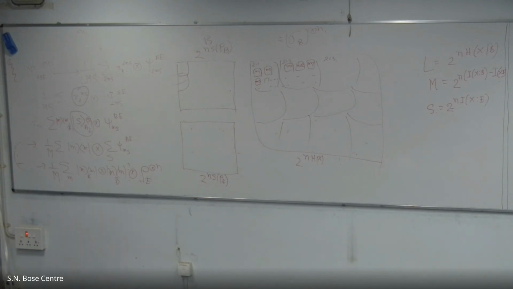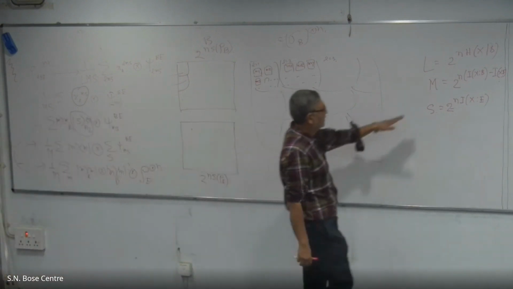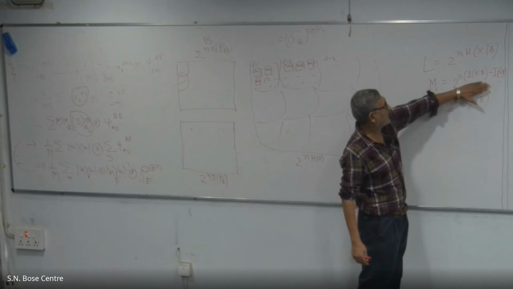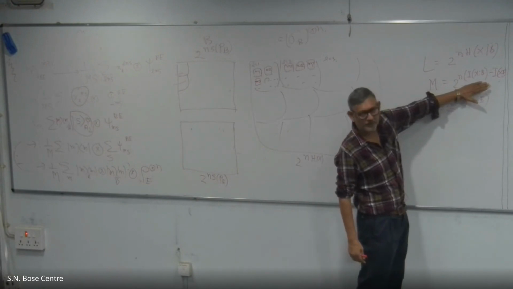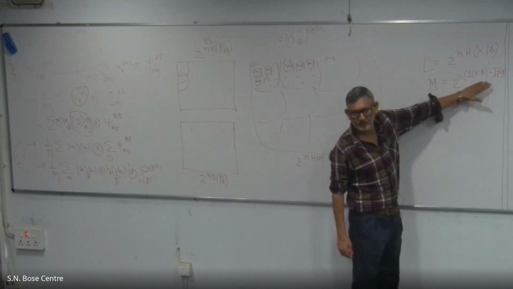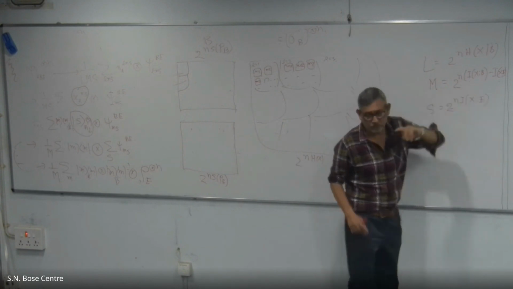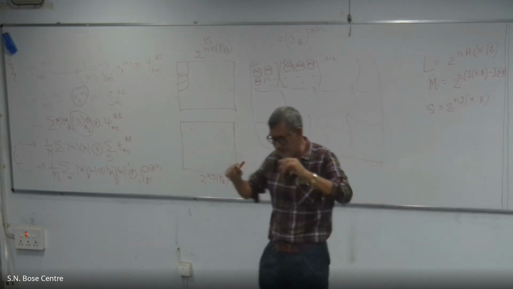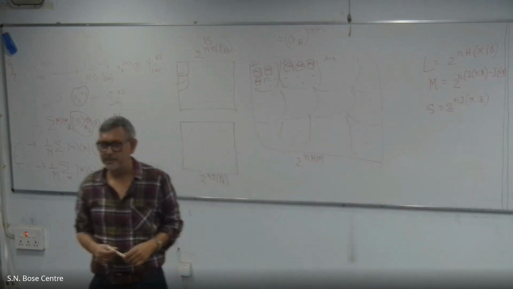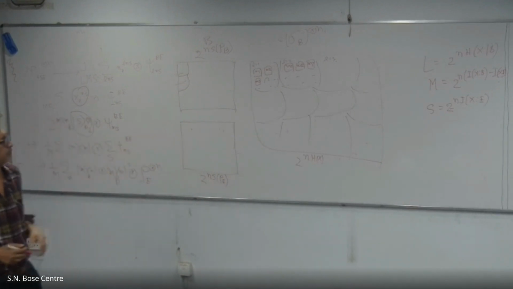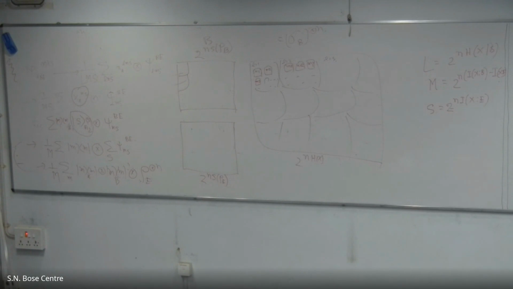But M is not what Bob could discriminate. Bob could recover much less than that, because it will be 2 to the power n by xb minus ix.